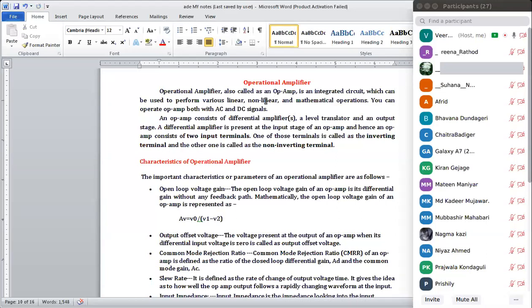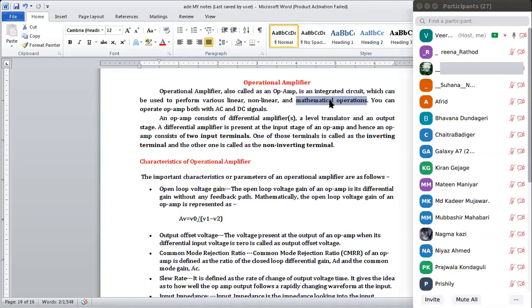It may be random. Sometimes it may rise, sometimes it may fall. So we cannot predict. So it is a non-linear operational amplifier. Some of the mathematical operations are summing amplifier, differential amplifier, integrator amplifier. Many applications are there that are used in mathematical operations.